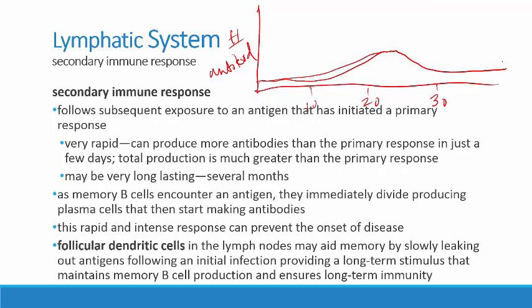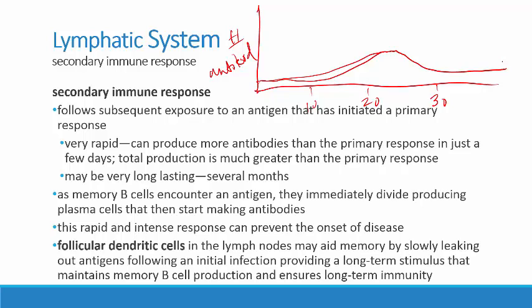Now, let's look at what happens with a secondary response. With a secondary response, do we have to get a helper T cell to be activated? Nope, we don't. Because the memory B cell, when it encounters the antigen, can go immediately to dividing and producing plasma cells that are going to be doing the job of making all these antibodies.